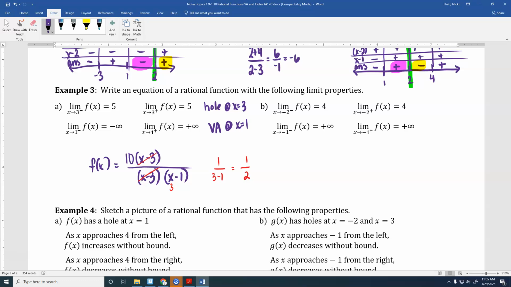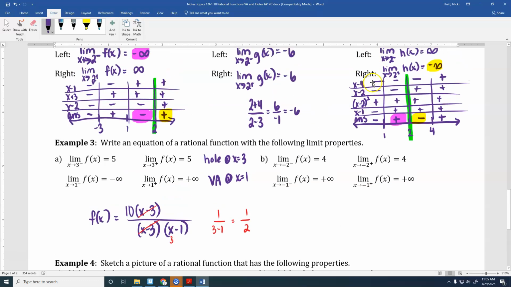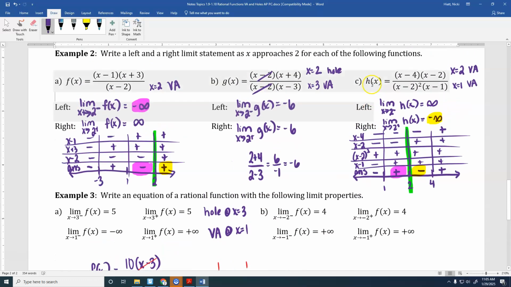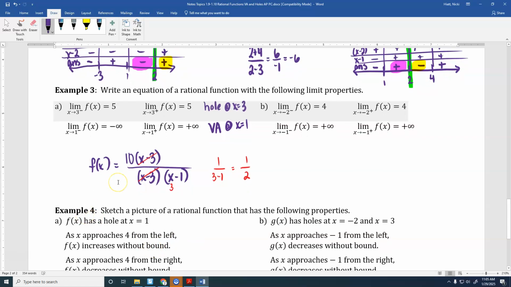Because if you do that, then your asymptote should be negative on the left, positive on the right, if you were to make a chart for that. I said you need to include all the pieces, but actually if they cancel, you could leave them off, because if you have a negative and a negative, it makes a positive, and they're going to be the same.